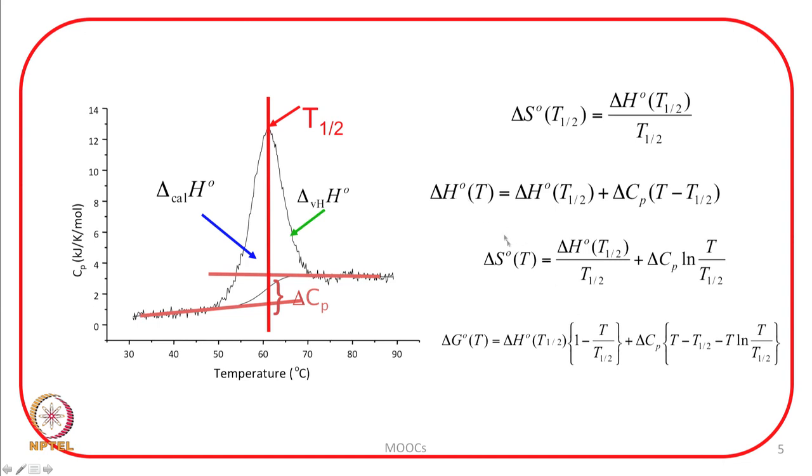Now, you see these three equations, this equation and this equation will give you the temperature dependence of enthalpy, entropy change and free energy change. And these three equations are very important when you talk about folding unfolding transitions in proteins.